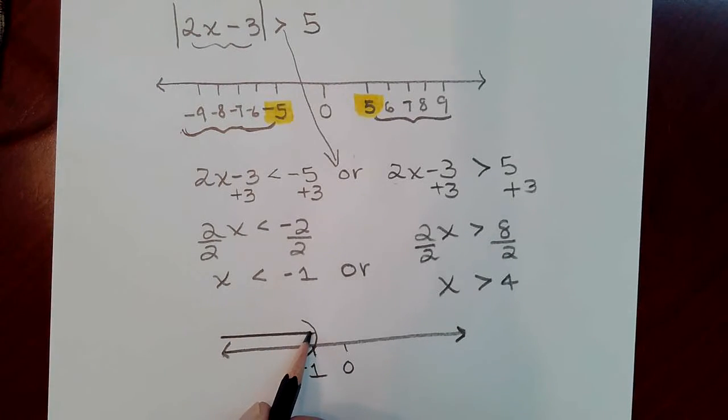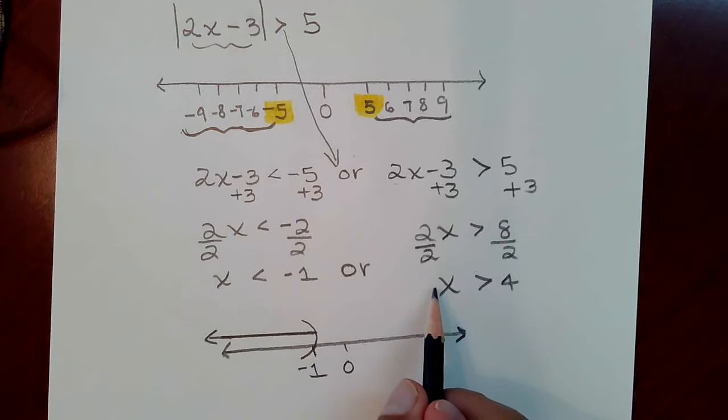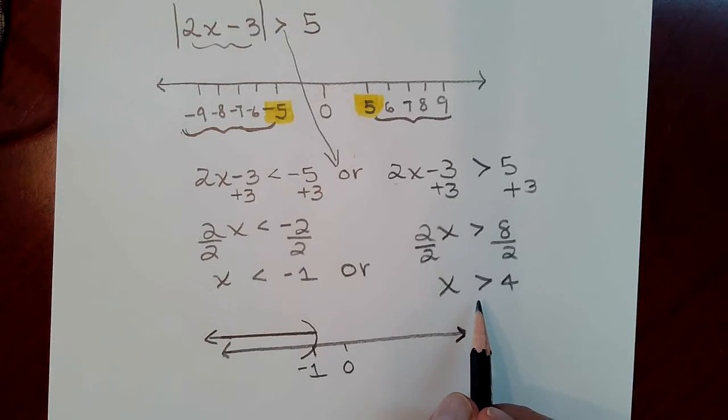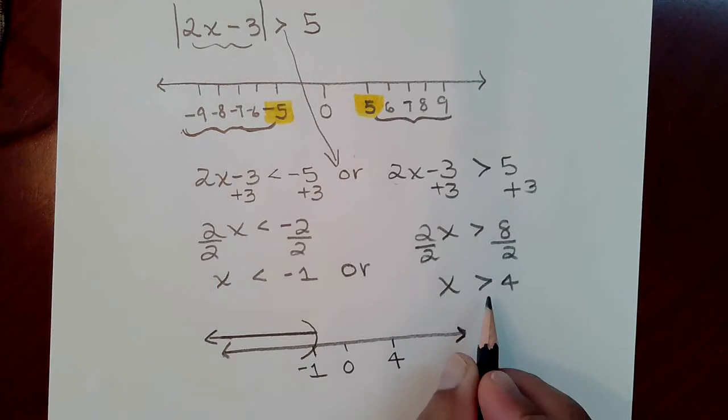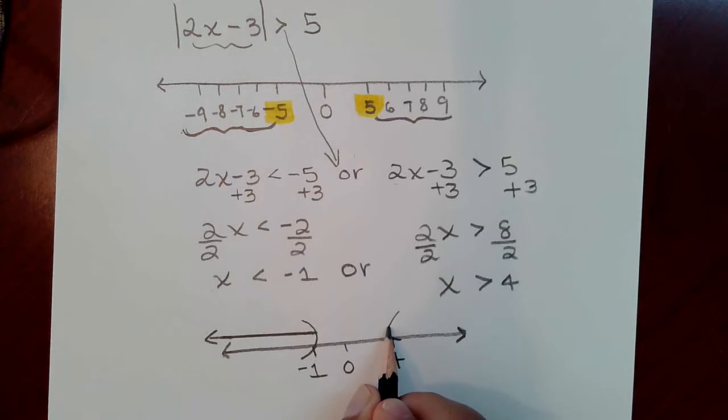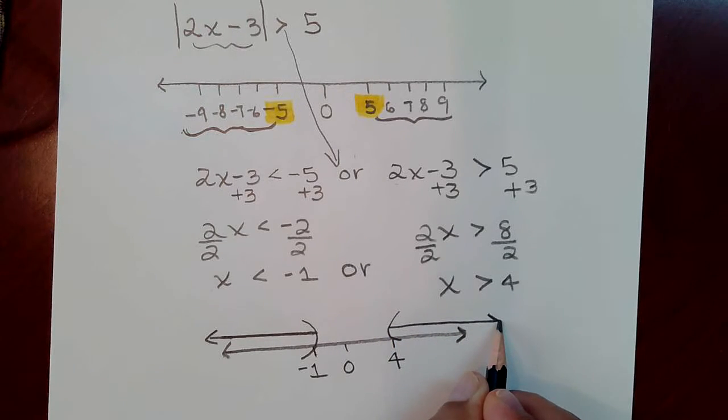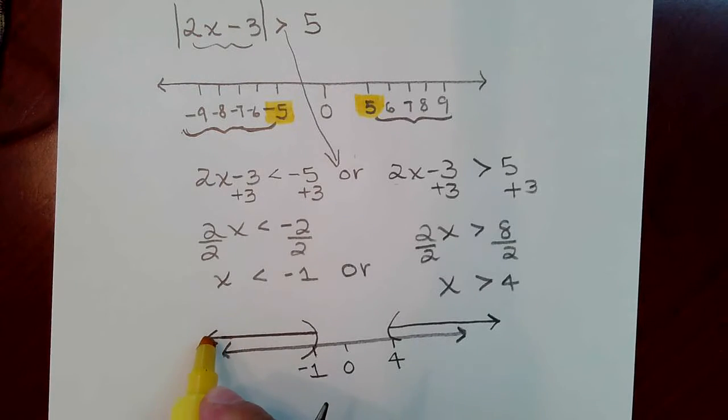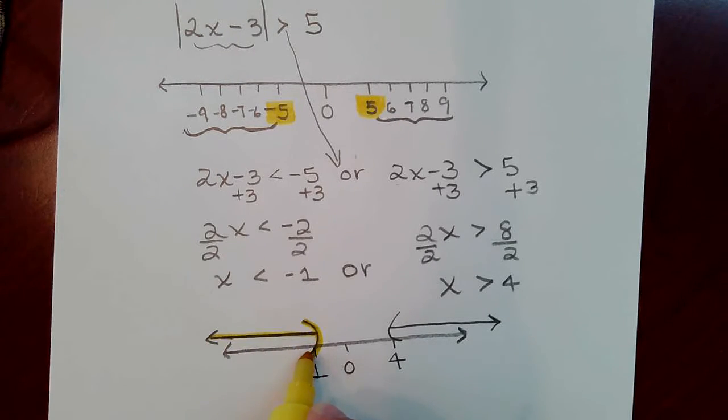Less than would be any value to the left of -1. X is any value less than -1. And then the values from this part of the solution is 4 or greater. Again, that doesn't have an equal sign. Greater than means all values to the right. So this is ultimately what you're going to put in your interval notation.